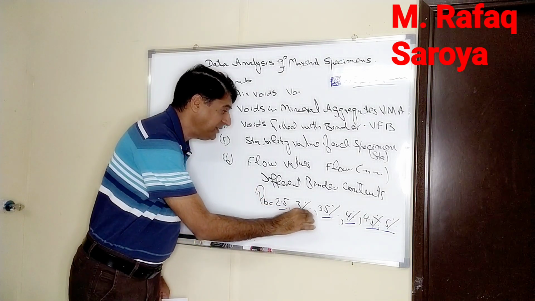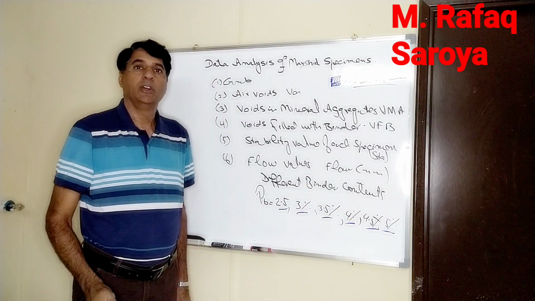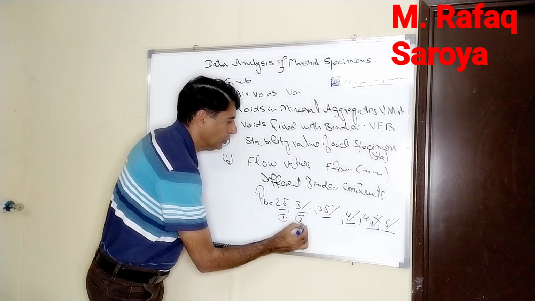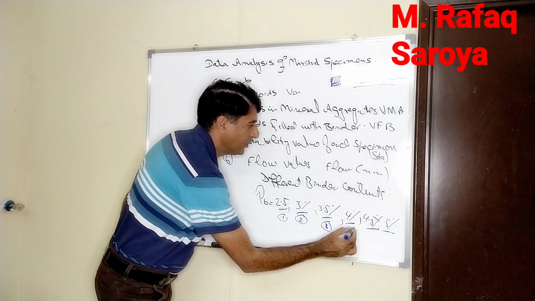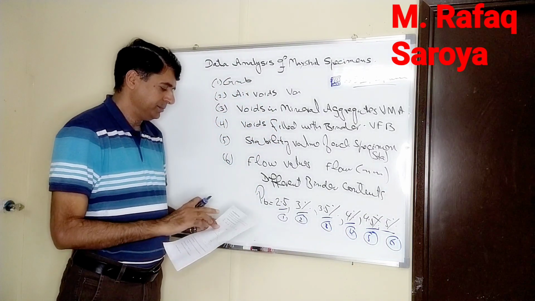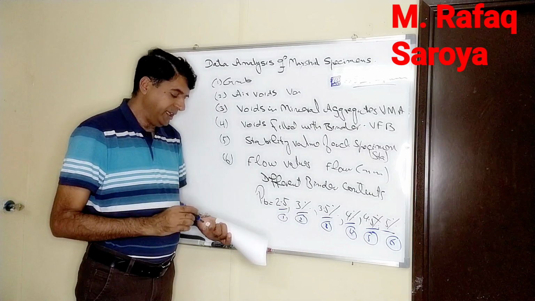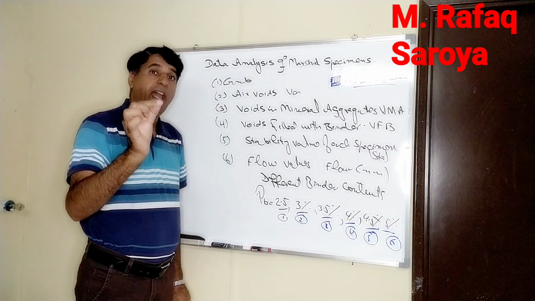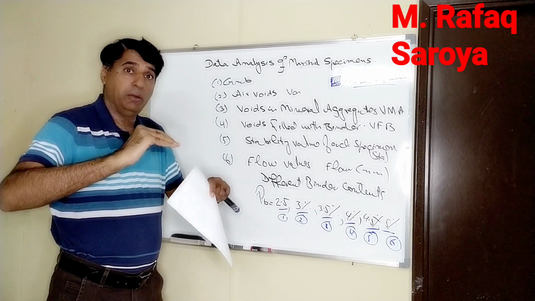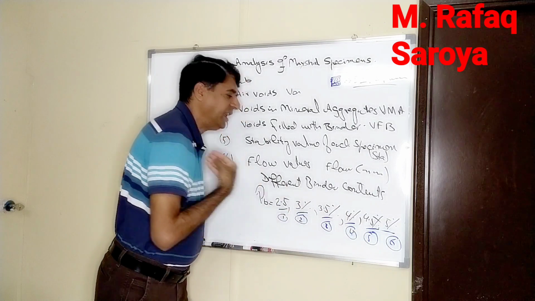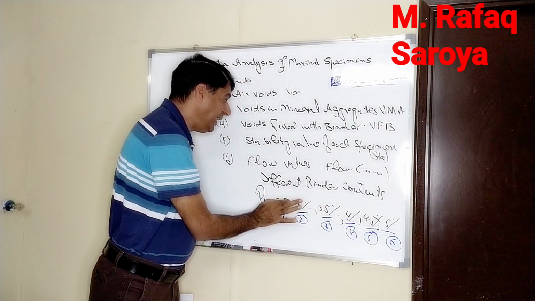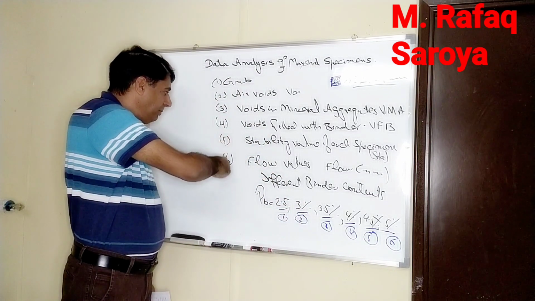How many quantities are these? 1, 2, 3, 4, 5 and 6. These are the 6 quantities. Because in order to draw the graph, at least 4 or 5 values are required, but we have to go for more perfection. I have taken these 6 values, and for each of these values, I have determined these properties.